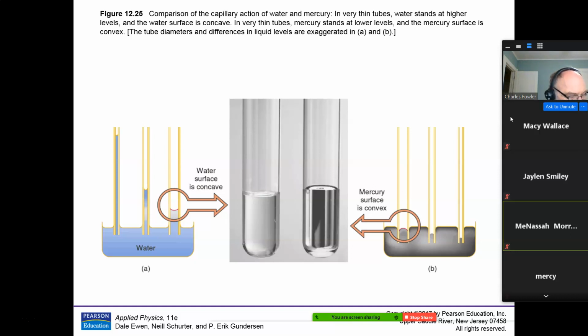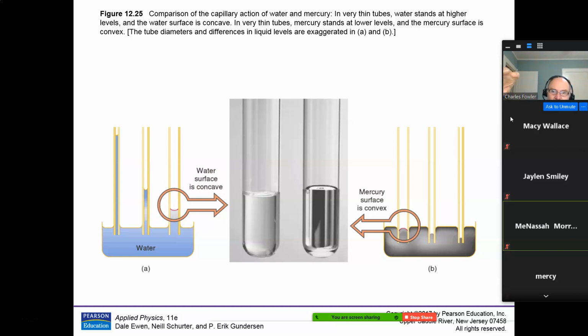Viscosity is the internal friction, believe it or not, of a fluid caused by molecular attraction, which makes it resist a tendency to flow. Okay? Now, one of the prime examples of this would be honey or molasses. You've heard the saying, slow as molasses.